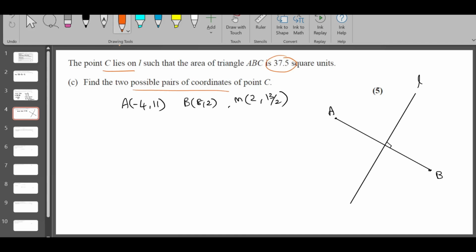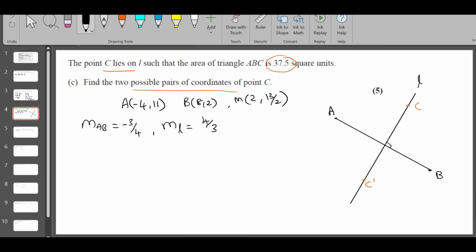Find 2 possible positions of C. C can be here or it can be here also. So we need to find the 2 possible positions of C. Here we know the slope of AB is minus 3 over 4, and the slope of line L is 4 over 3. These are all the known facts.